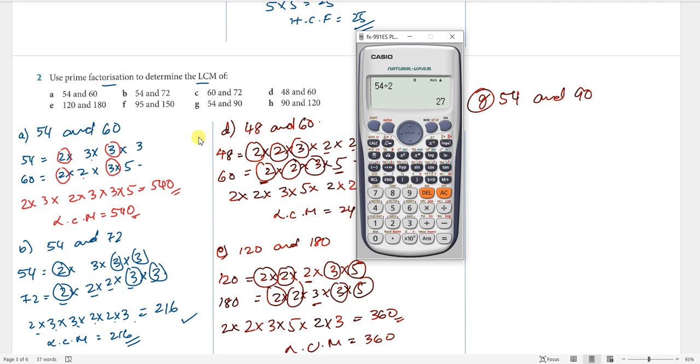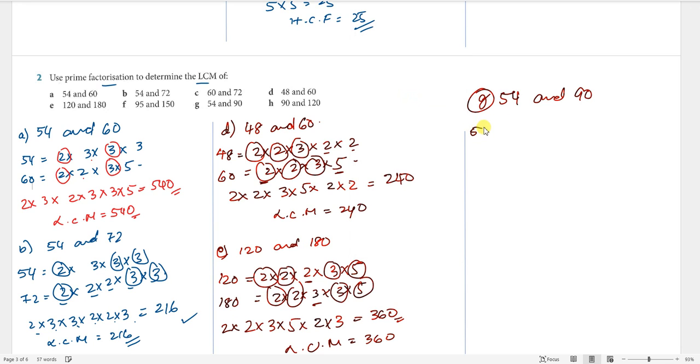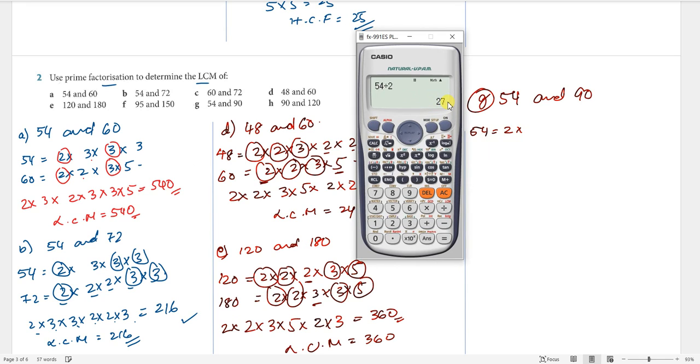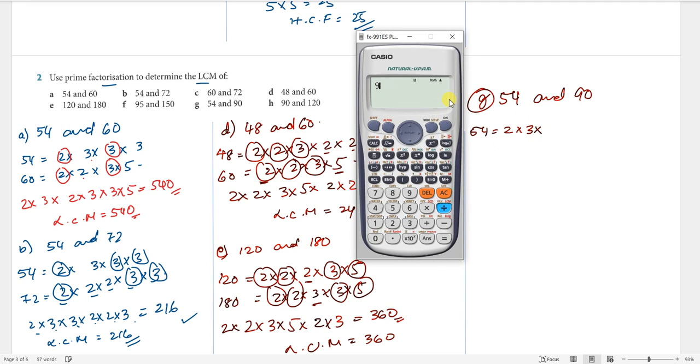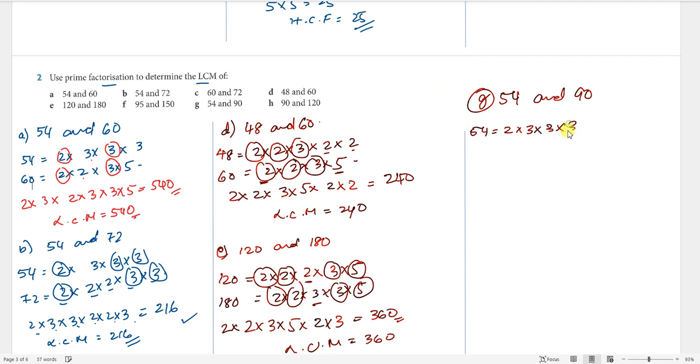We write the divisor only. The divisor means the 2. So 54 is equal to 2 times 27. We know 27 can be divided by 3. So we write 3. Now we have 9. 9 can be divided by 3. So we have 3 and the answer is 3. 3 is a prime number. We stop here. So we write 3 times 3.